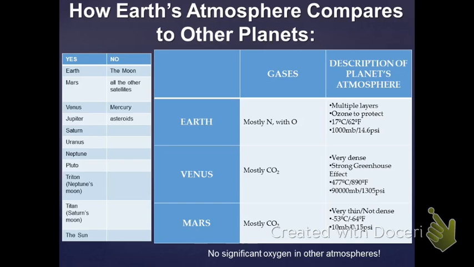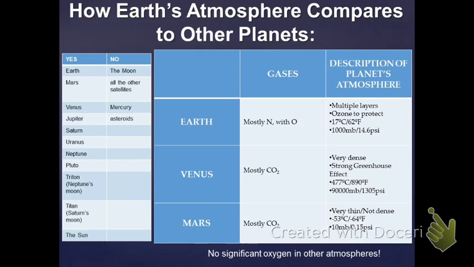On Earth, Earth is the only planet that has an atmosphere that is suitable for supporting life. Earth is the only planet that has oxygen and liquid water, which is essential for all living organisms.